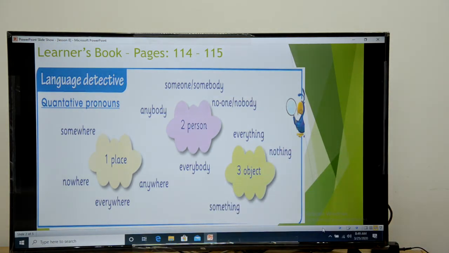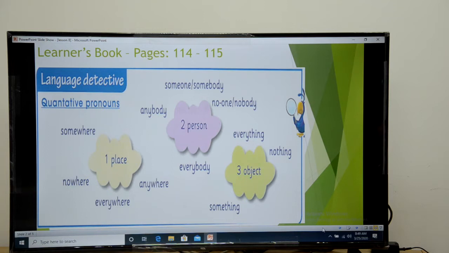When I say I didn't look anywhere. This is the difference. So we use nowhere to give the negative meaning without saying not, and we use anywhere to give the negative meaning, but after not.